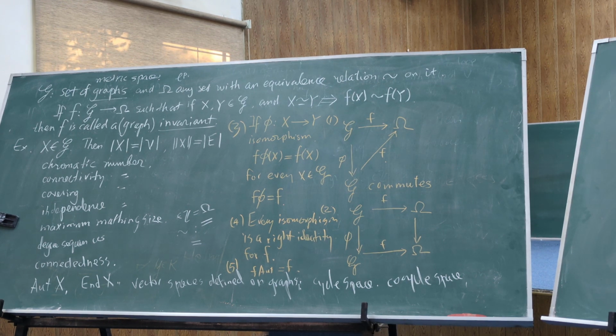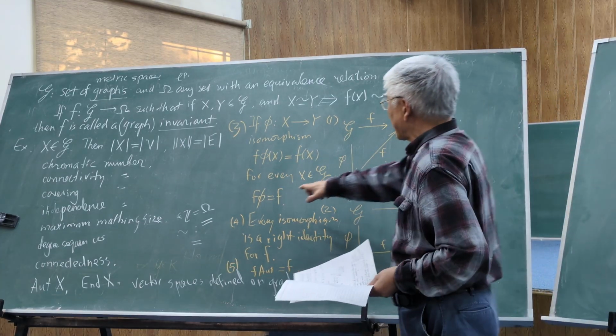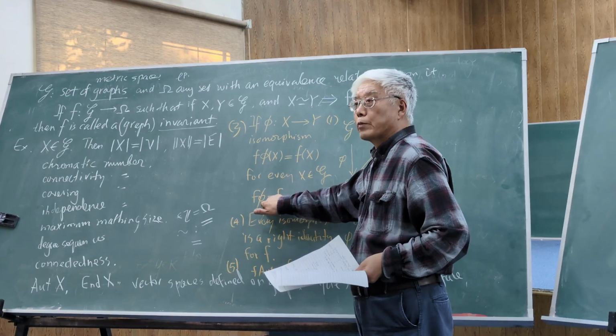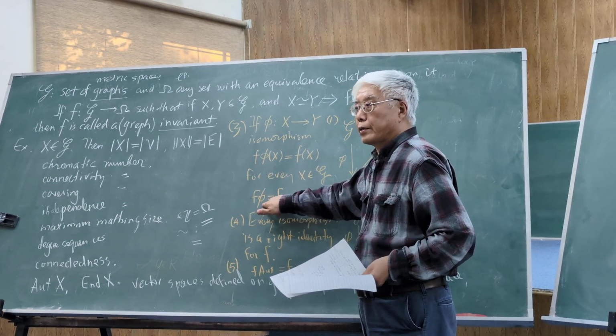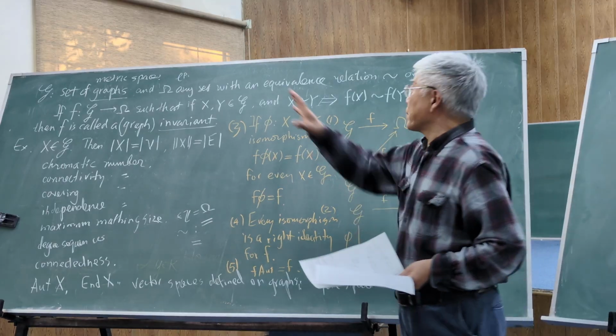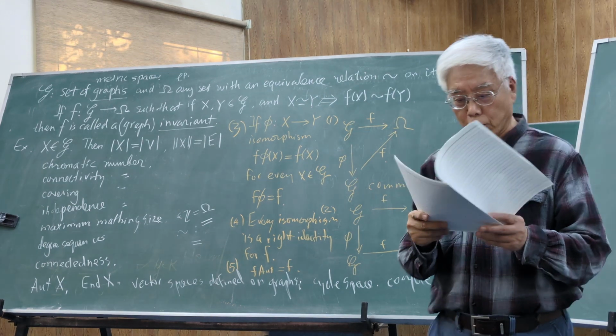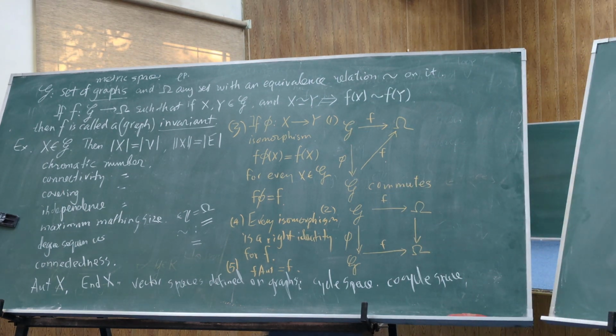This example is for matrix spaces. If X is a matrix space, then the invariance under this mapping is replaced by isometry. So if every isometry is the right identity, then this F is invariant. But from matrix space to a set, we're not even talking about from matrix space to some number rings or something. And if it is graphs, then that is isomorphism. And if it is vector spaces, then it is linear endomorphisms, linear homomorphisms, linear mappings.